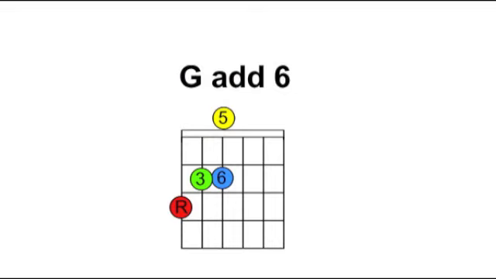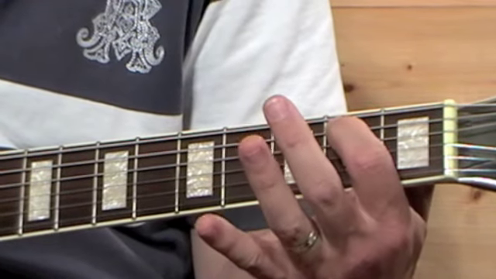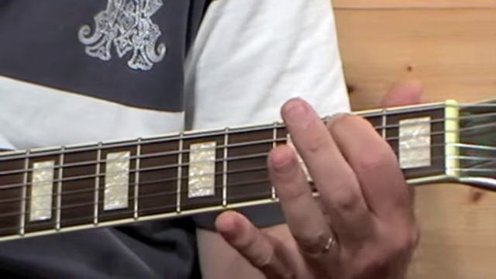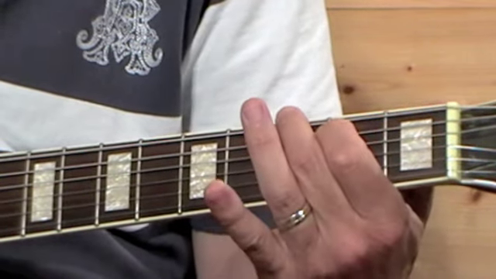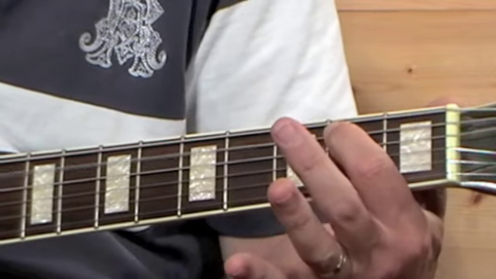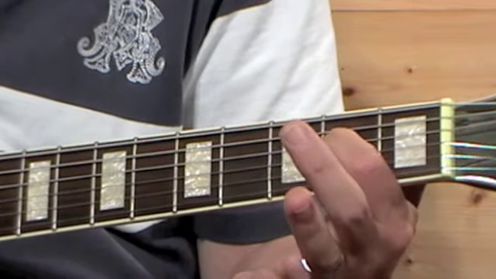This is actually pretty similar to the C chord, and the same attention has to be paid to the 3rd note, which this time is on the A string. So that's this note here. We want to make sure that this is either sounded as a B, i.e. the 3rd note of the key of G, or muted when we fold that finger over to add the 6th there.